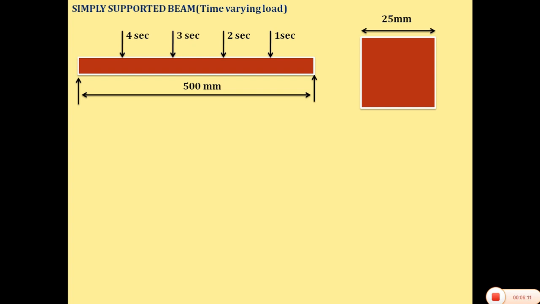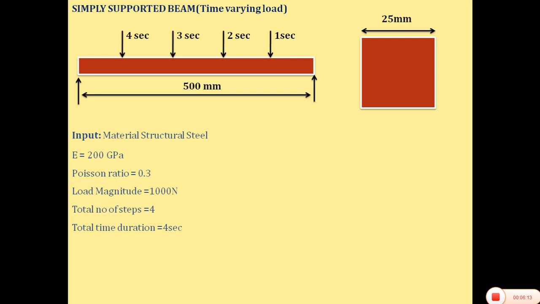The magnitude of the load: each load is 1000 Newton, and we are considering the distance between two loads as 100 mm. From the right hand side, at 100 mm, the first 1000 Newton load acts at the first second. Then after 2 seconds, there is another load of 1000 Newton.